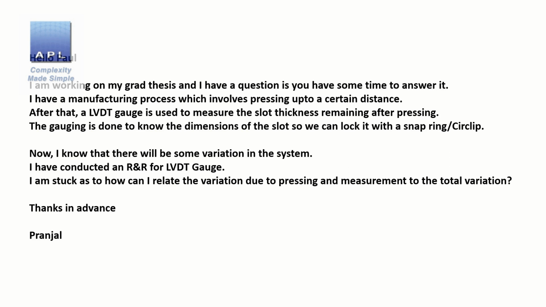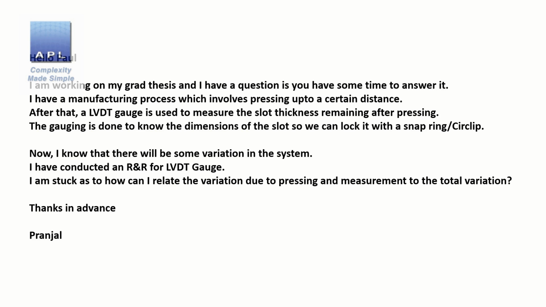Hello Paul, working on my grad thesis, and I have a question for you if you have some time to answer it. Of course I've got some time. I have a manufacturing process which involves pressing up to a certain distance. After that, an LVDT gauge is used to measure the slot thickness remaining after pressing.